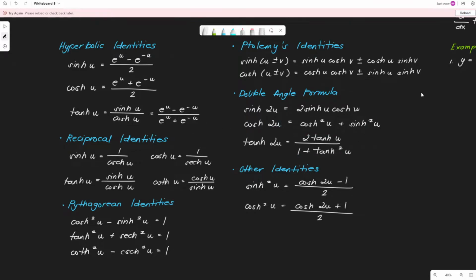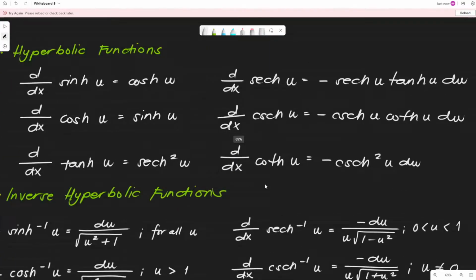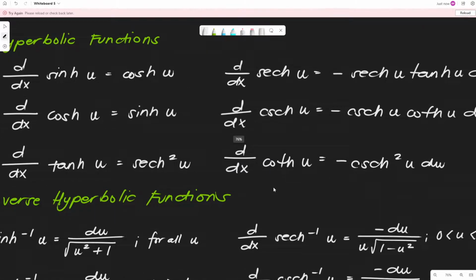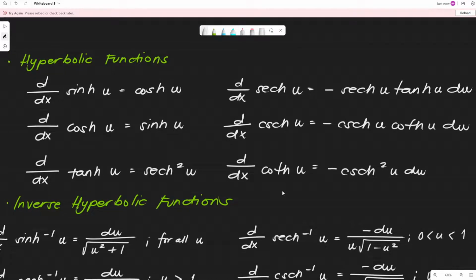So let's go to the derivatives. The derivatives of our hyperbolic functions, just like our trigonometric functions, we evaluate using the concept of composite functions. Sorry, I forgot to input the du.